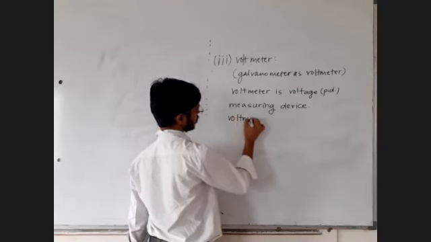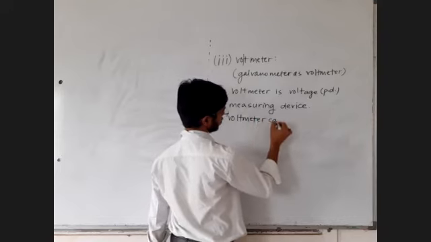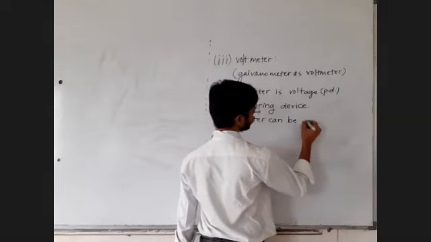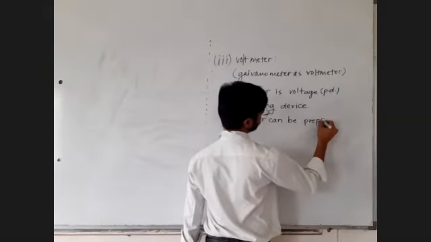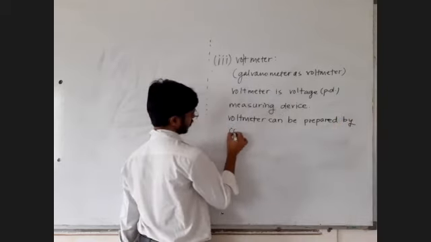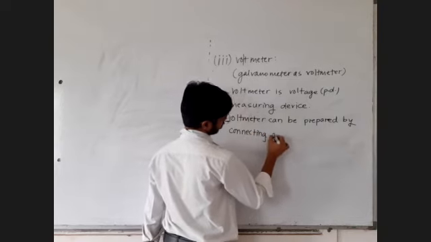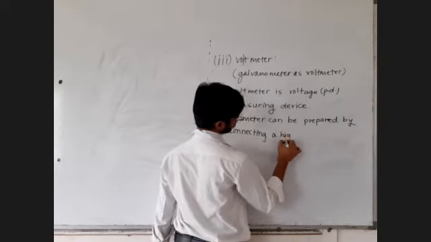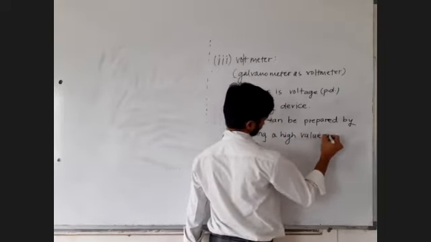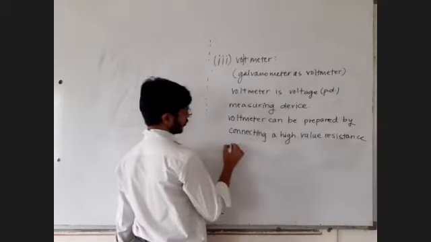Voltmeter can be prepared by connecting a high value resistance in series with galvanometer.